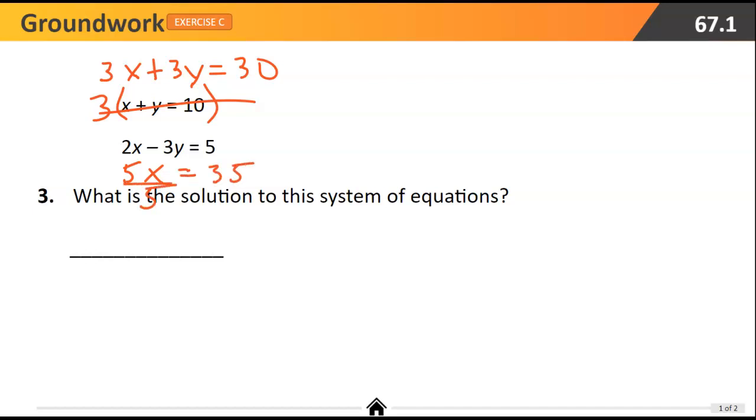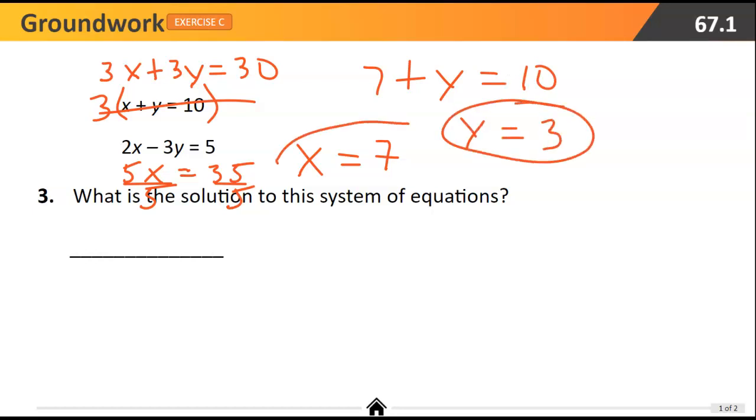Divide by 5, divide by 5, and our x part of our solution is equal to 7. Now if I go back up to that original problem, because x is 7, we're going to say 7 plus y is equal to 10, which means y has to be 3. And so our solution is 7, 3.